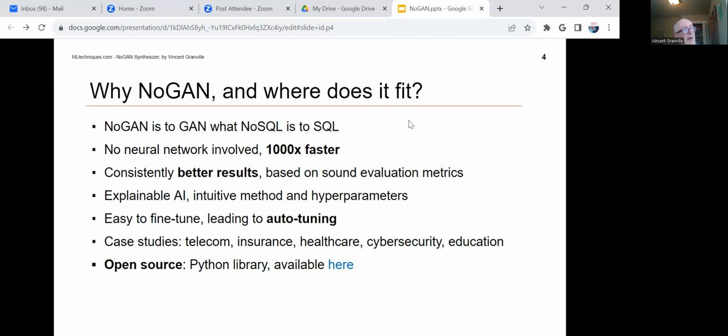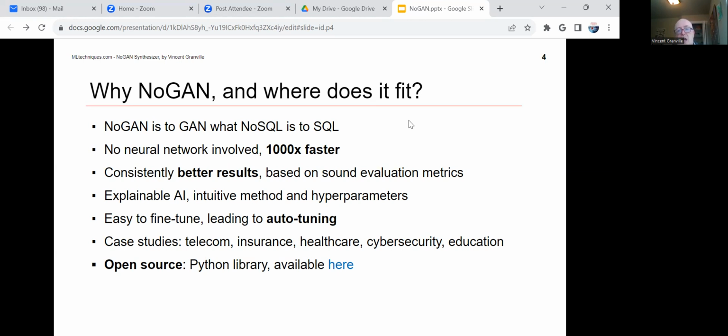That said, this is not brand new technology that I created yesterday. It's been a couple of months, and I had several participants that helped me and brought some data sets to do some testing. I've been testing on telecom, insurance, healthcare, cybersecurity, and education data sets. I even worked with someone who created an open source Python library for the evaluation metric to evaluate the quality of the synthetization.